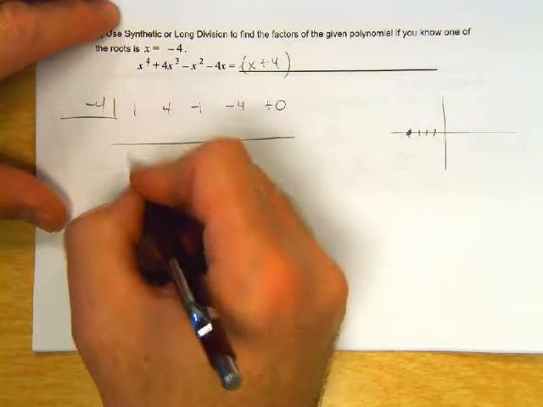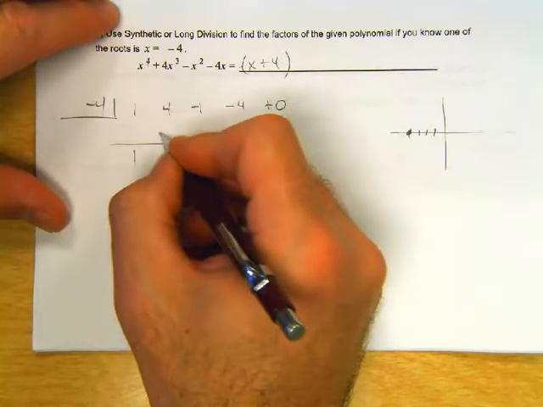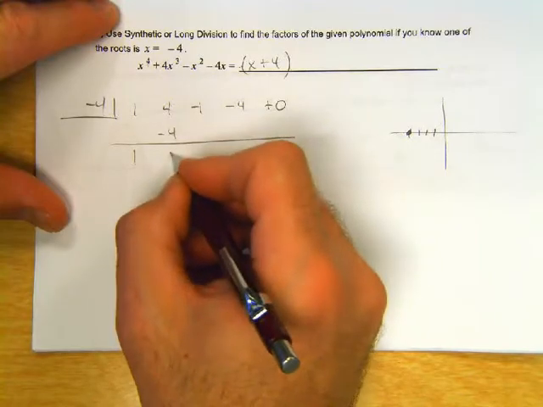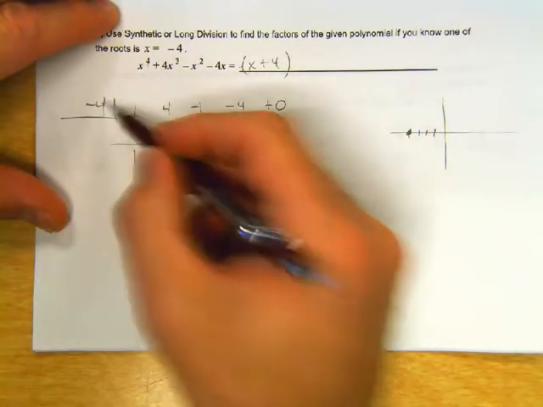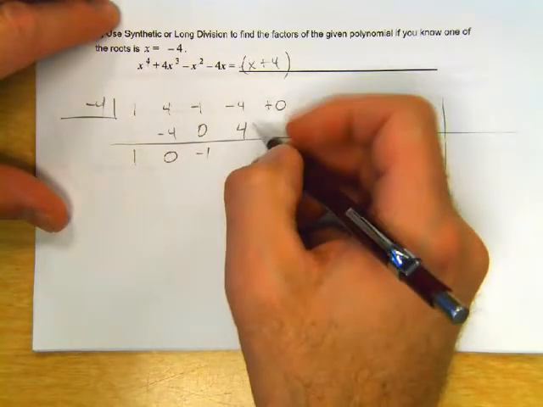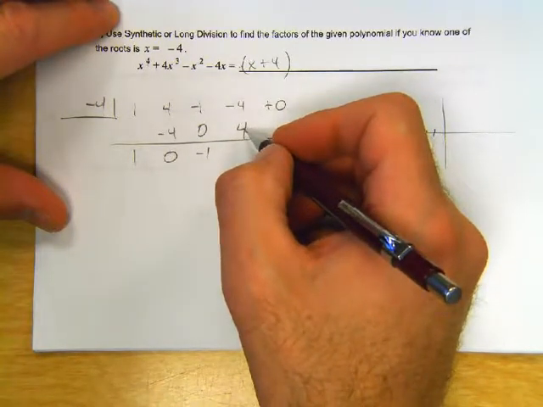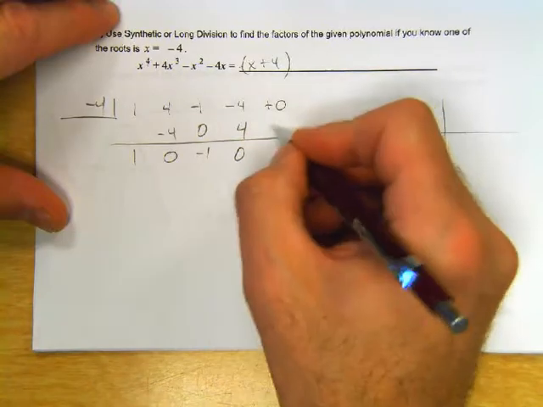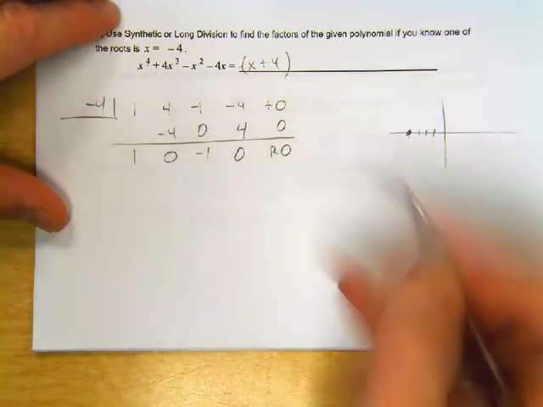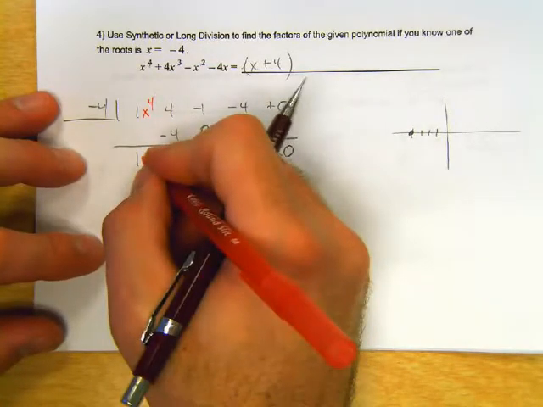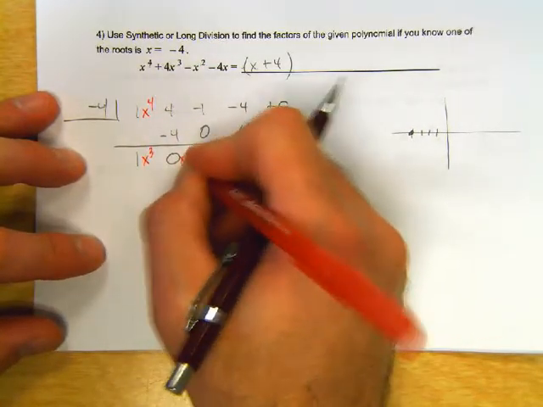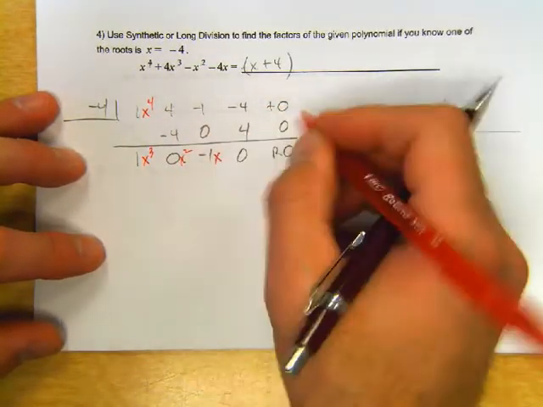Okay, so 1, negative 4, 0, 0, negative 1, 4. Okay, so that was x to the 4th. This is going to be x to the 3, x squared, x.